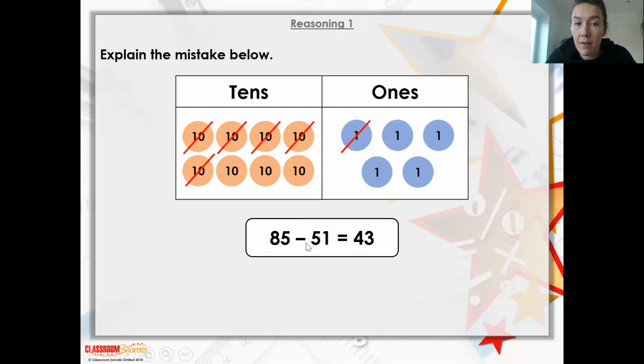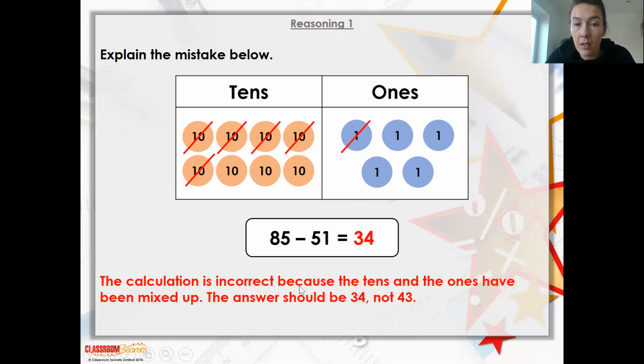So if you think 85 subtract 51, if you think about it being in the column method, your 5 subtract 1 isn't going to be 3. So it's incorrect because the tens and the ones have been mixed up. The answer should be 34, not 43.